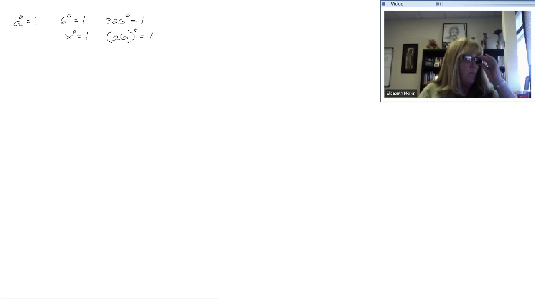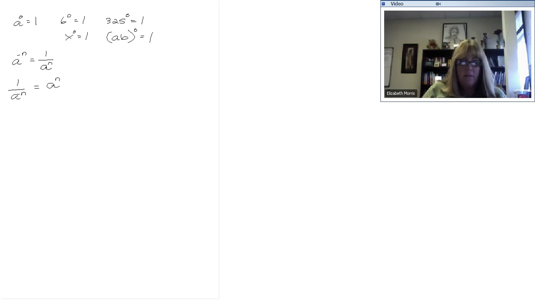Now, this next one is where we can get a little tricky. Any base to a negative exponent becomes 1 over the base to the positive exponent. Likewise, anything that is in the denominator as a negative exponent comes up to the top as a positive exponent.